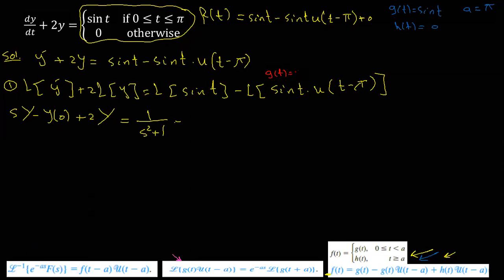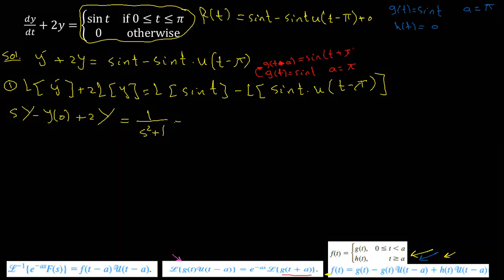The sin t. Your a is what? Pi. And also notice here you need g of t plus a. So you have to determine your g of t plus a, please. Your g of t plus a is sin what? Sin of t plus pi.